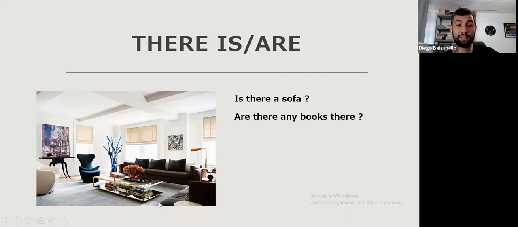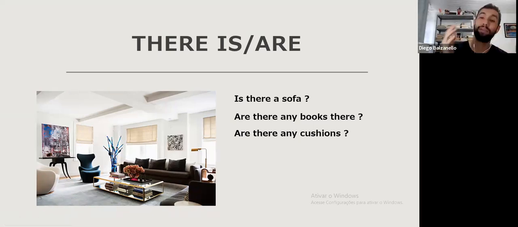So you have to see here. Yes, there are, or no, there aren't. And the same thing. Are there any cushions? Okay, what are cushions? Cushions, guys, are these. These are cushions. They are on the sofa. And then you can just put your head and relax, sleep. Okay, those are cushions.